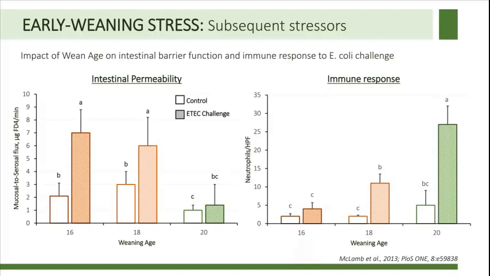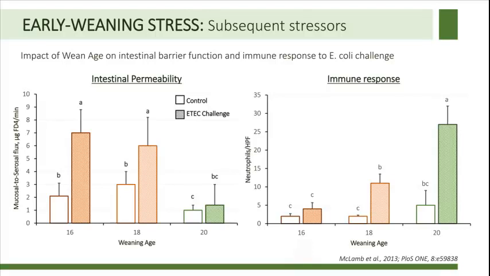The bars in white show what we saw before, the effect of weaning age on intestinal permeability. He has pigs weaned at 16, 18, and 20 days. Looking just at the white bars, we can see that intestinal permeability was compromised when pigs were weaned at either 16 or 18 days.